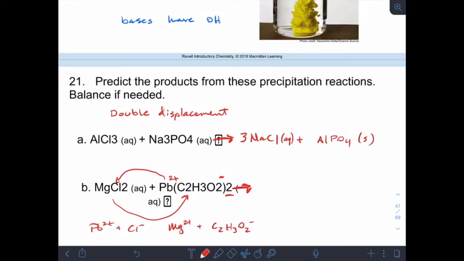So my lead is a 2 plus, so that means that I need 2 chlorines to go with it. Okay, and then my acetate is a 1 minus, and my magnesium's a 2 plus, so I need 2 acetates. C2H3O2, 2. Okay?